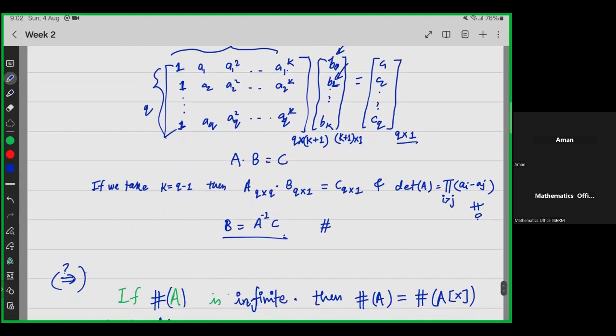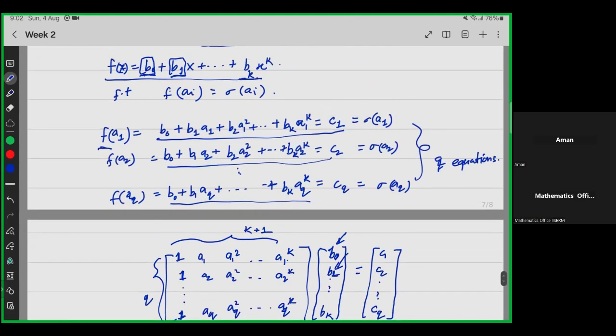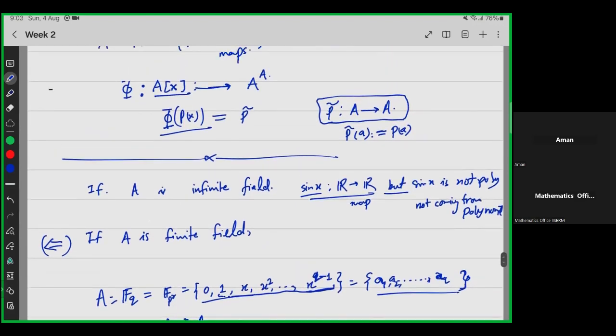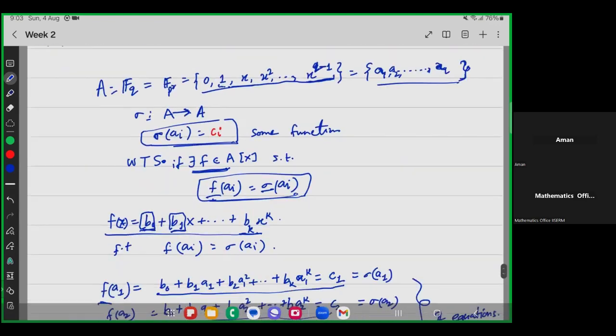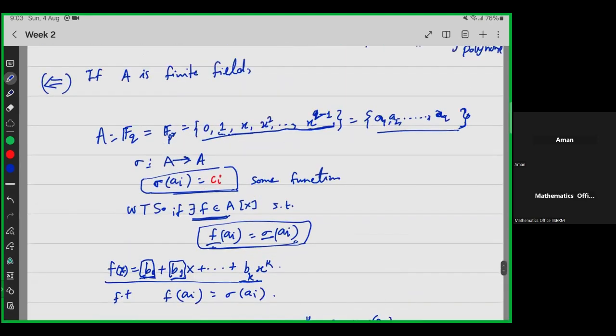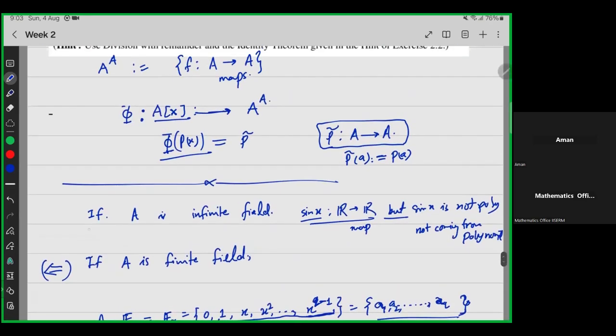On the other side, if we assume that this capital phi map is surjective, then we have to show that A is a finite field. We have already seen that if A is an infinite field, then the capital phi map is not surjective. Not all functions are polynomial functions, for example the sine function.